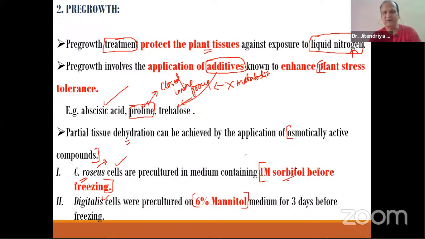Either it may be proline, sorbitol, mannitol, trehalose, or abscisic acid. But proline, sorbitol, and mannitol are considered osmolytes or osmoprotectants.